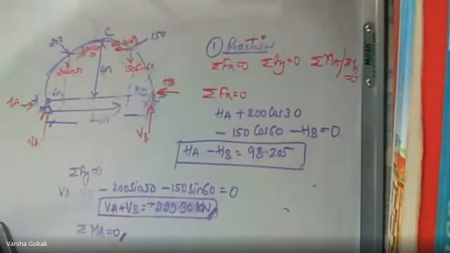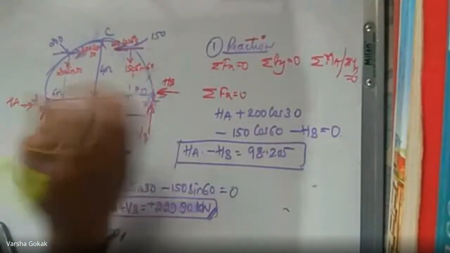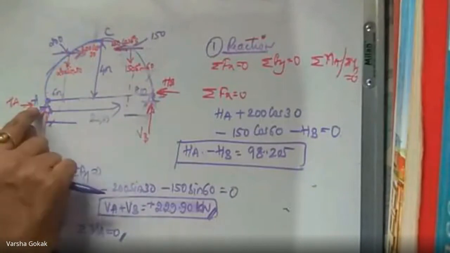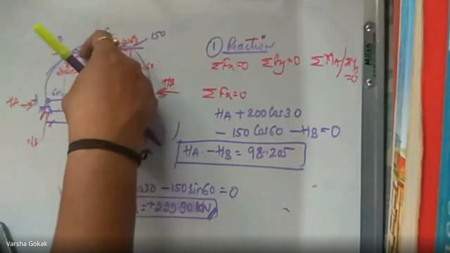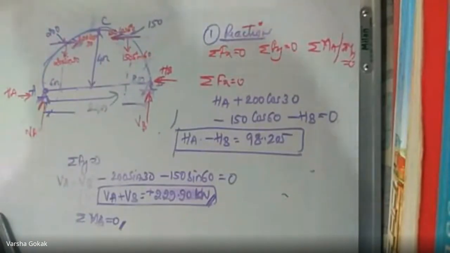How do I find these heights? Can anyone tell me? See, these two forces are giving me moments, no? So 200 cos 30 will go to A in clockwise with this perpendicular distance. How will I get this perpendicular distance? We do it while doing moments.